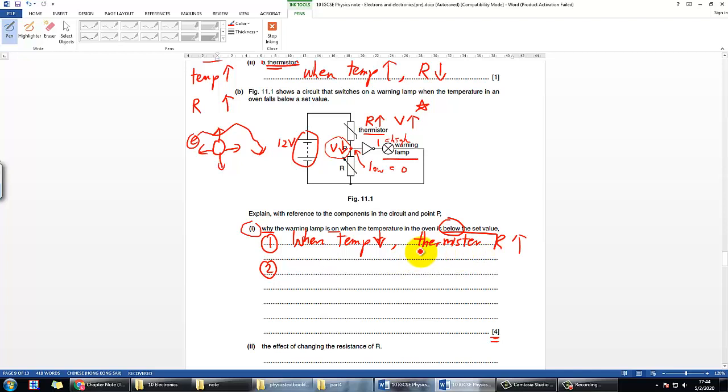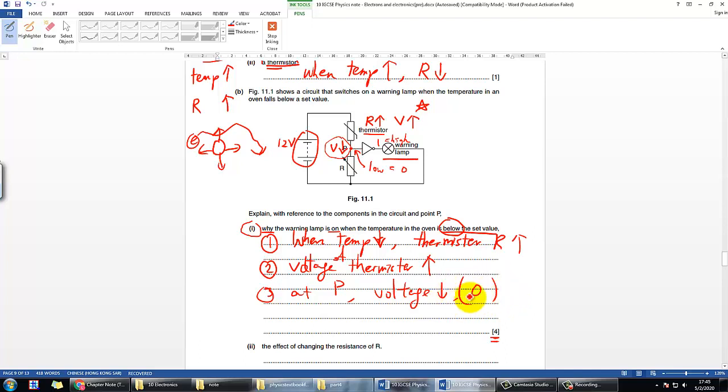So what you can say is when thermistor resistance increases, then the voltage across the thermistor would increase. In that case, at point P, it's very nice that they gave you the letter here, point P, the voltage will be low, and that actually means it is 0.